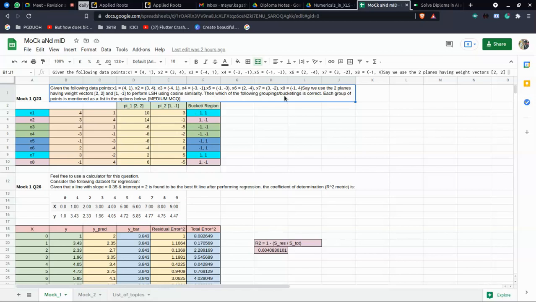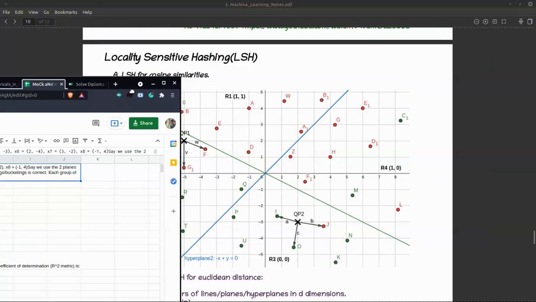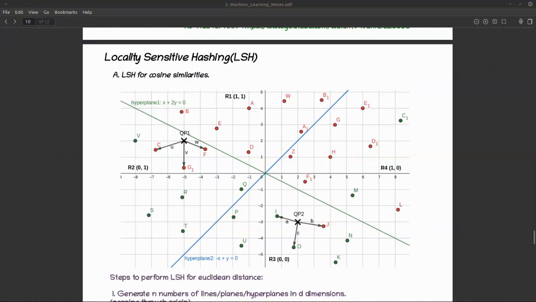Then which of the following groupings or bucketizing is correct? So there were four options, and we need to do this. Surely we will see this example also, and it would be a great revision and great understanding also. There's nothing fancy, we just need to take the dot product, and that's all.